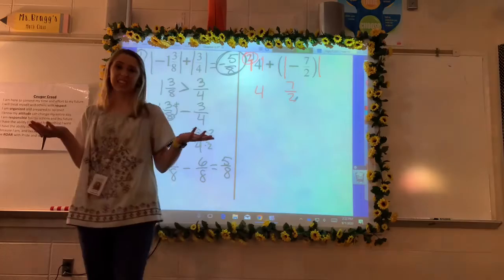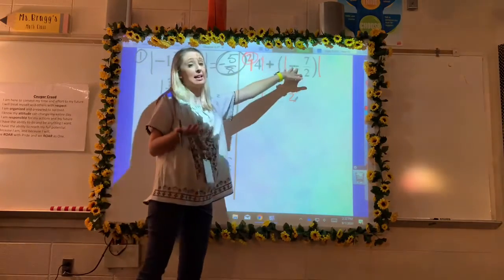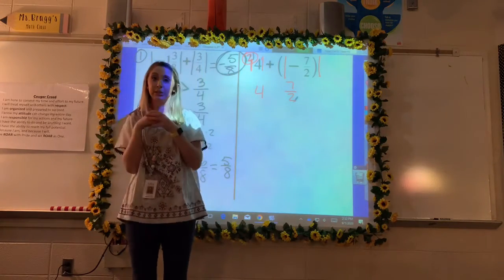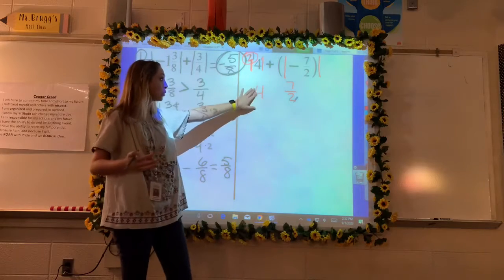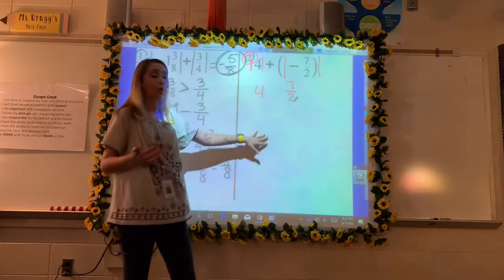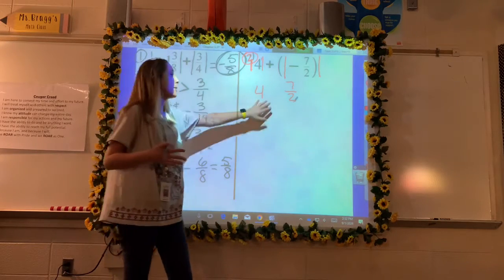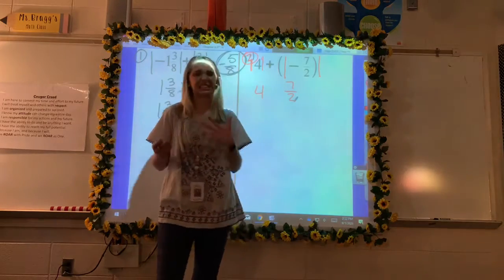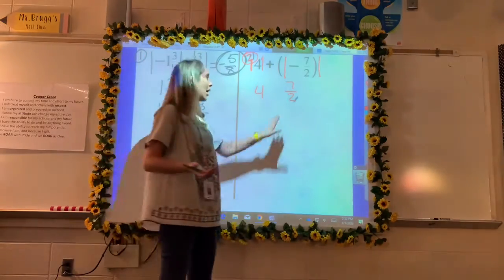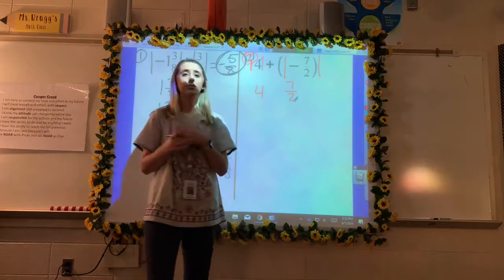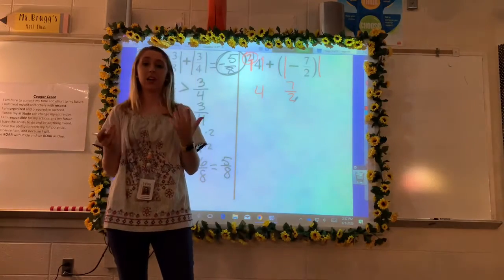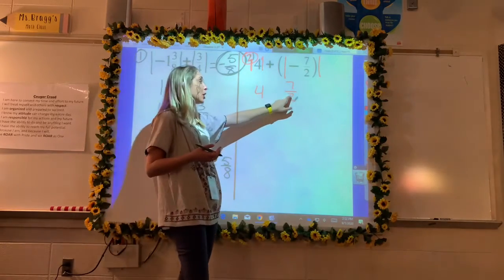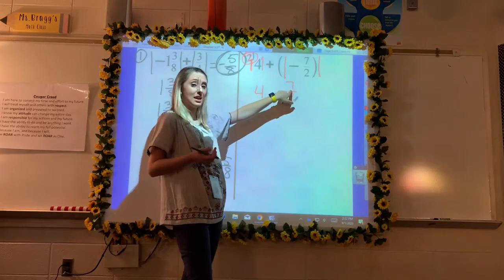All right, we have different signs. We had a positive and we had a negative. So we want to know which one's bigger, correct? So we have a 4. That one's kind of easy to work with. But then we have a 7/2. We have to figure out how much that is, okay? Hopefully that's something you can kind of see. If not, we'll walk you through it. So remember, we want to know how many times 2 can go into 7.